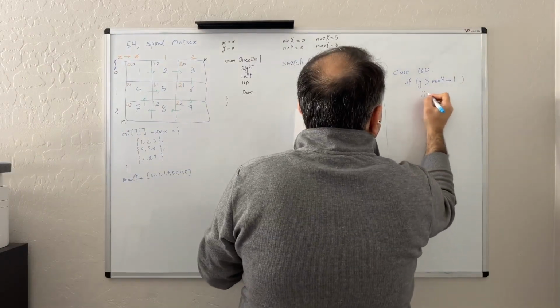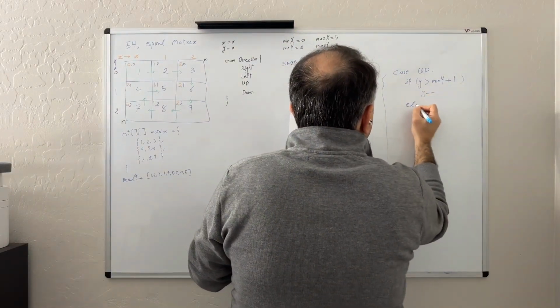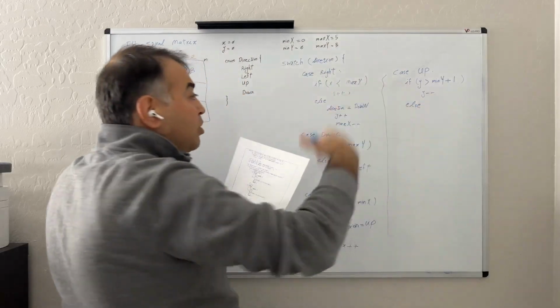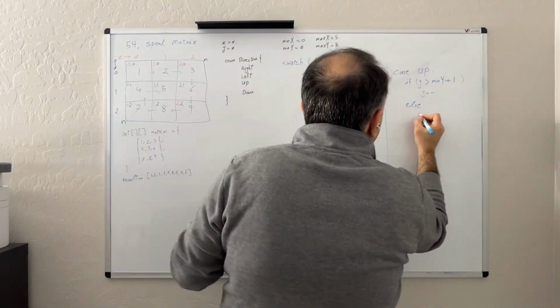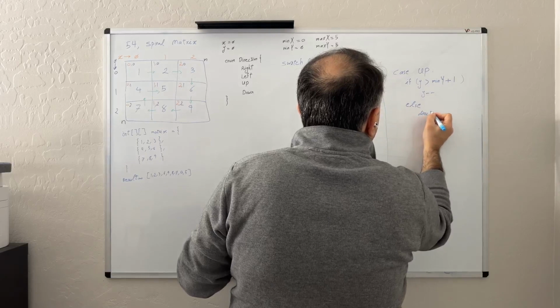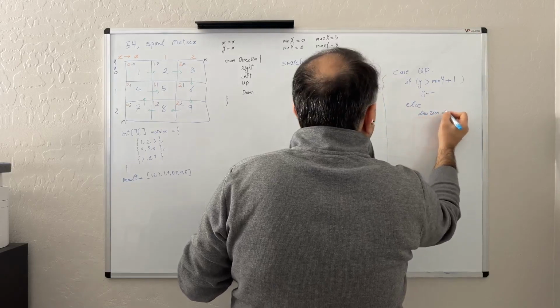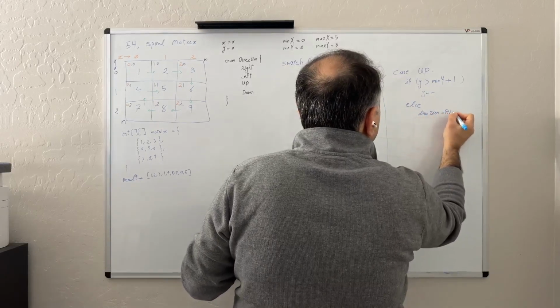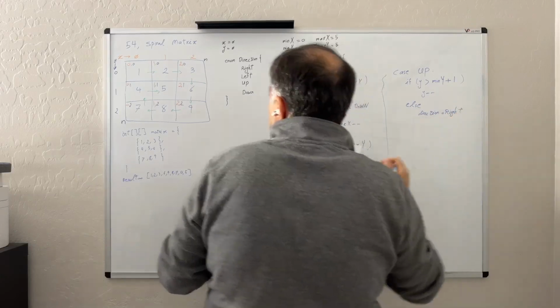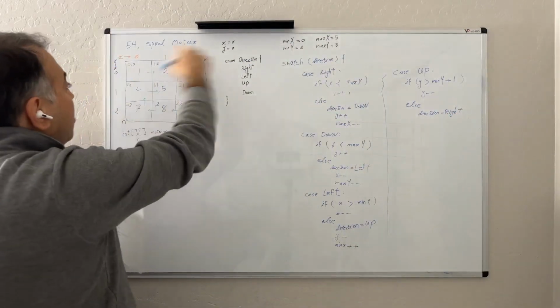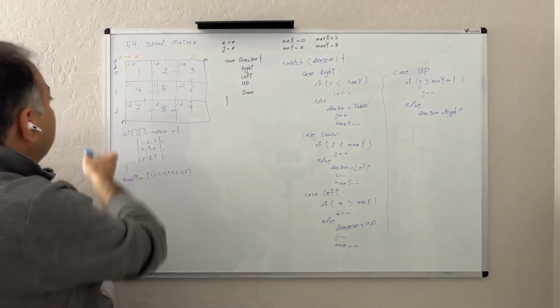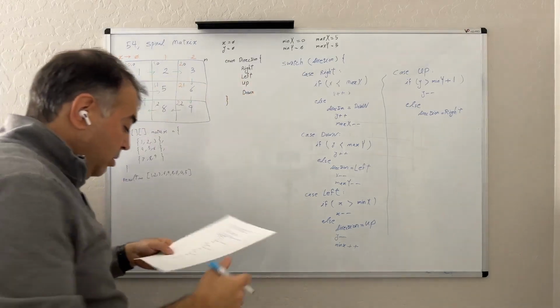Then I can decrease this one. In the other case, I should change the direction. So here, direction will be changed to right. Right, down, left, up, then again right.